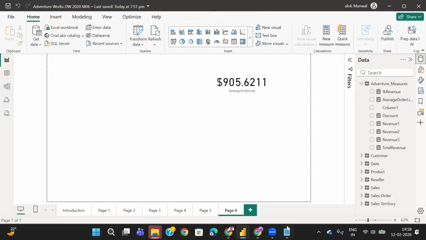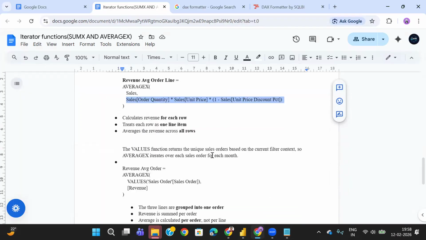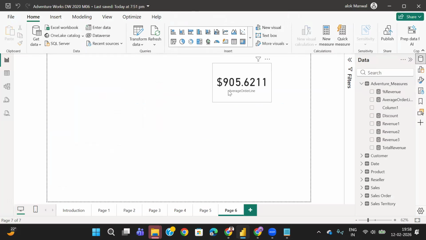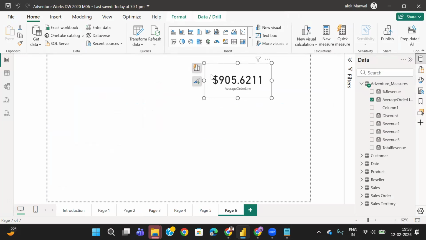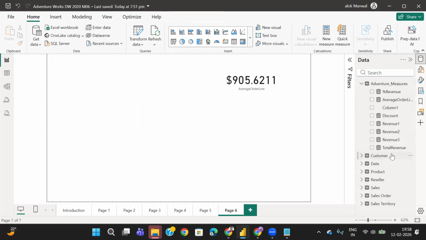It's an important thing you have to remember. Now I have to go for the average revenue, average order. Where is the average order? Let me see.